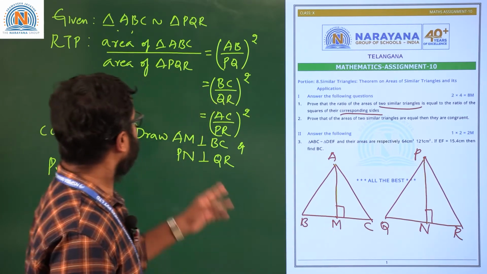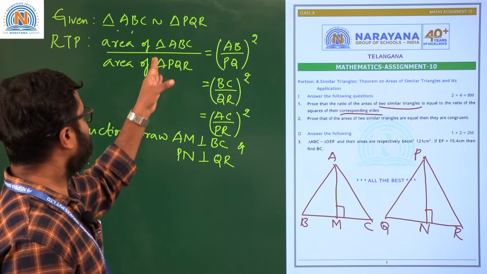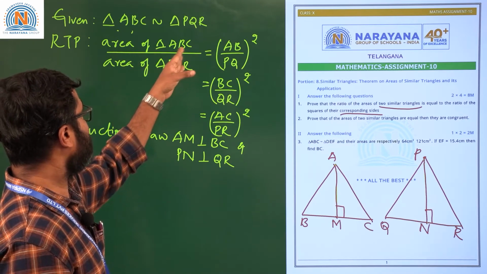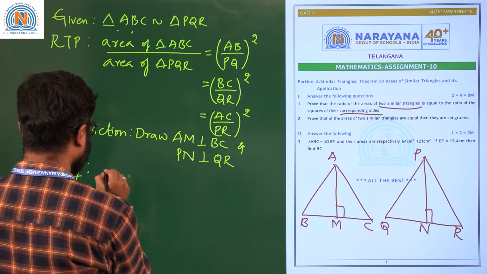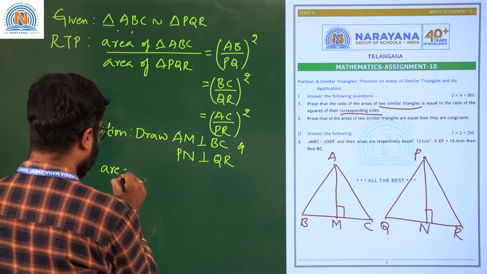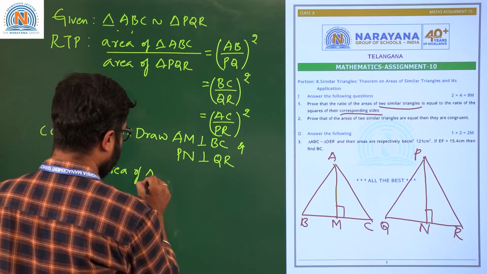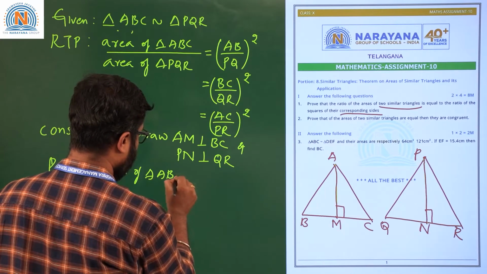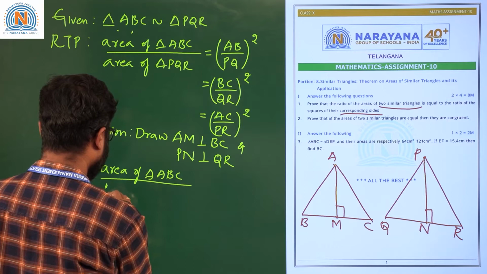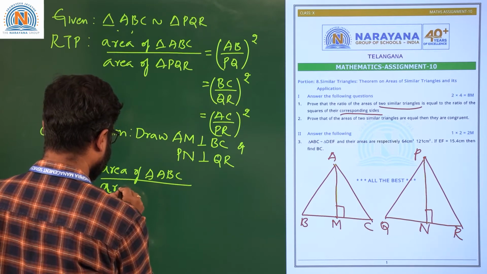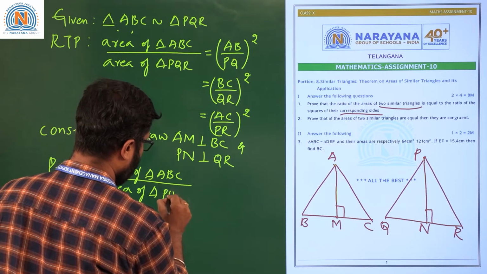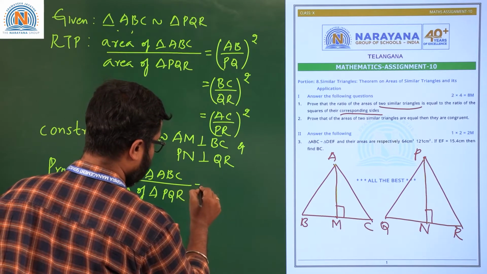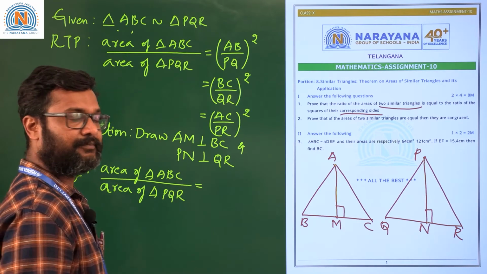Children, now see here, in what is required to prove, the LHS is area of triangle ABC by area of triangle PQR. So let's take that LHS: area of triangle ABC by area of triangle PQR is equal to what, children?